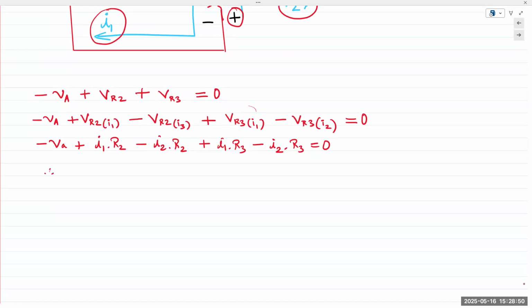I can rearrange the terms and I can write I1 minus I2 times R2 plus I1 minus I2. Oh, wait, this is I3.